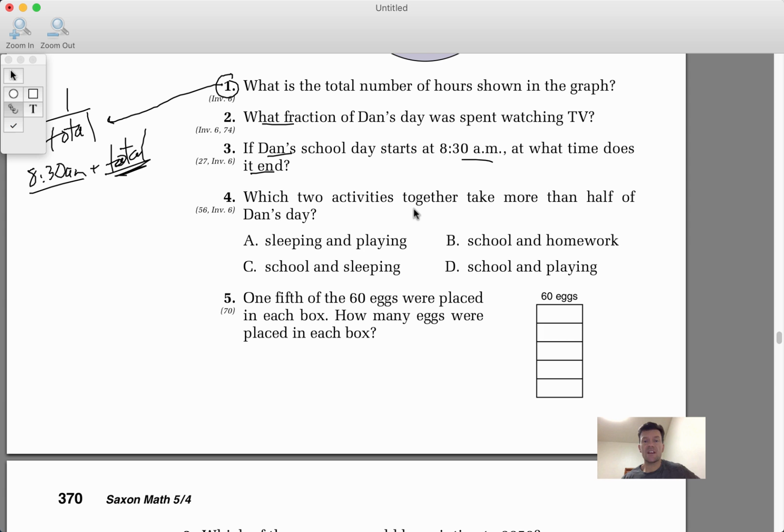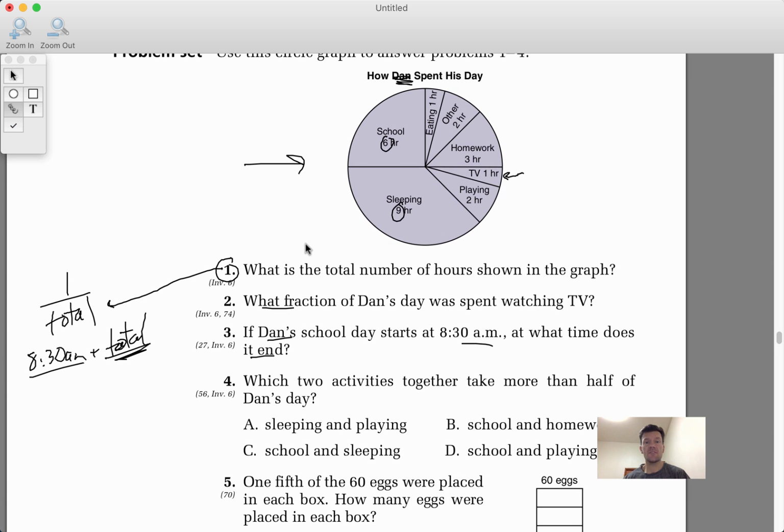Which 2 activities together take more than half of Dan's day? More than half. So you want something that is going to exceed half of the circle. You really don't have to add up all the numbers. You just have to look at the 2 portions of those particular events and recognize that they're going to be more than half.